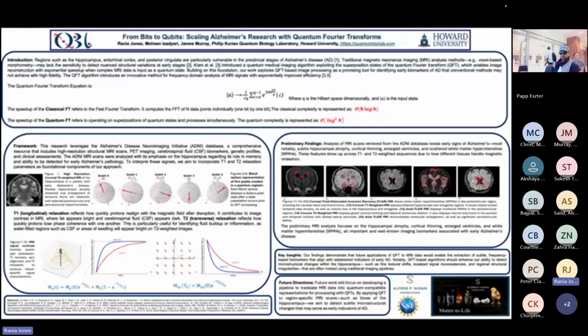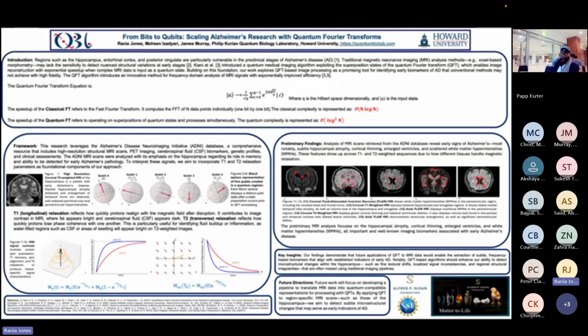One of the biggest challenges is identifying subtle changes that occur in the brain before severe symptoms appear. MRI already gives us a way to visualize these changes, especially in structures like the hippocampus, which is known as one of the earliest regions affected.